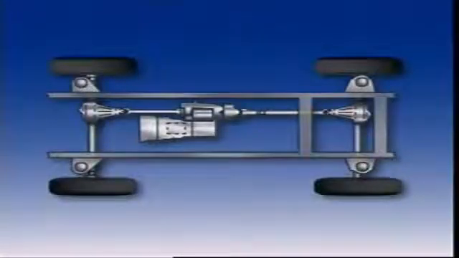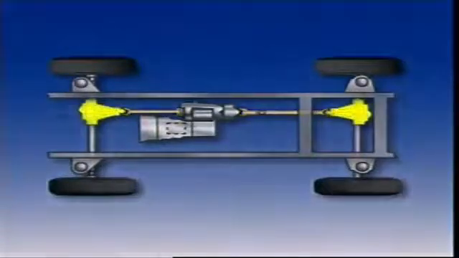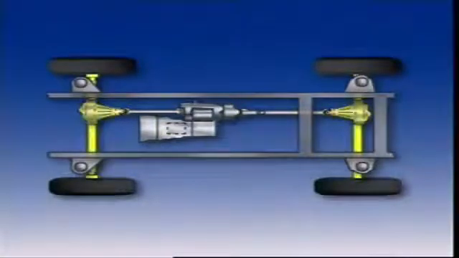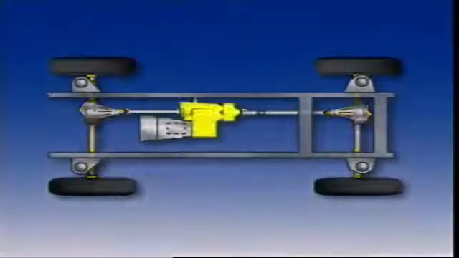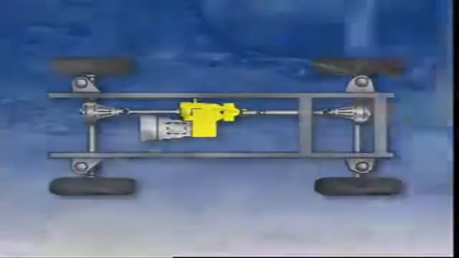A four-wheel drive vehicle has a propeller shaft, a final drive and differential gears, and axles for both the front and rear axle assemblies. A transfer case is attached to the transmission.